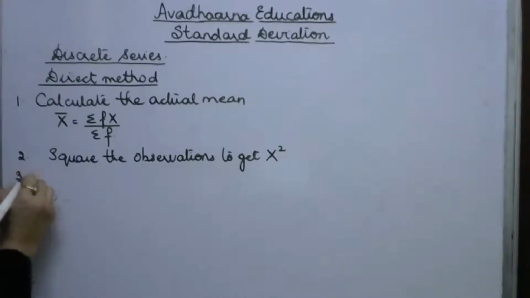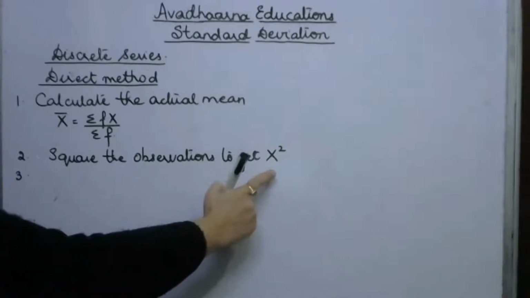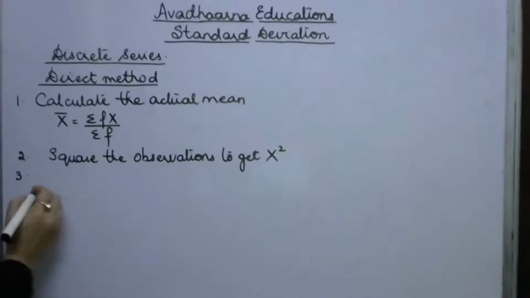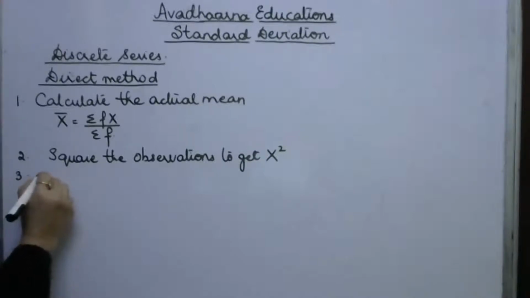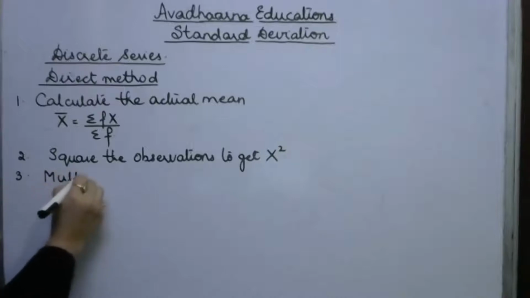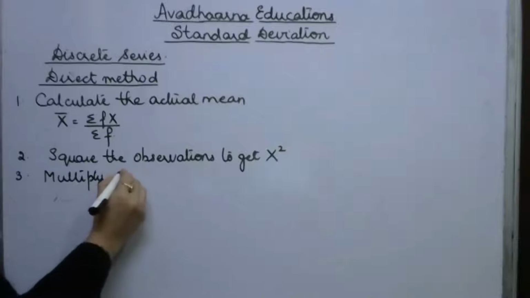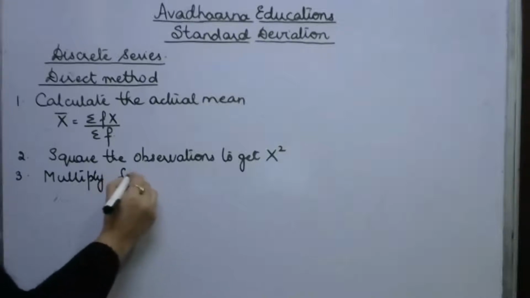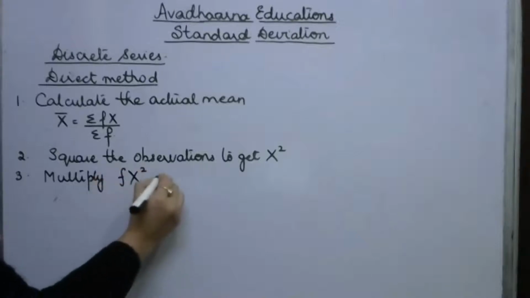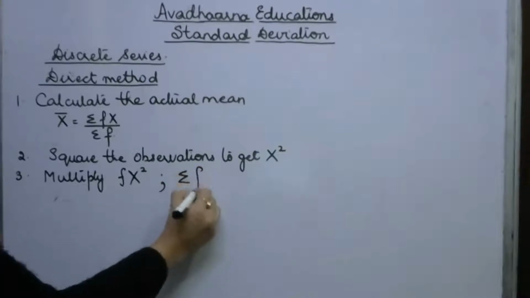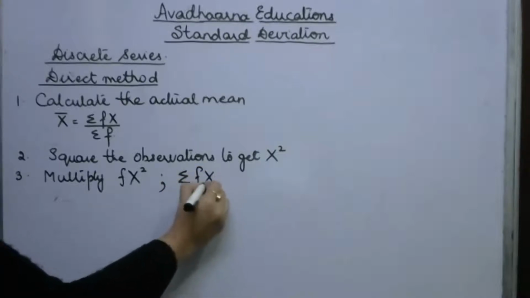Step 3 is that we will multiply the squared observations by f, that is frequency. So multiply the frequencies to your squared observations, and then we are going to obtain the total of it. We are going to calculate summation fx square.